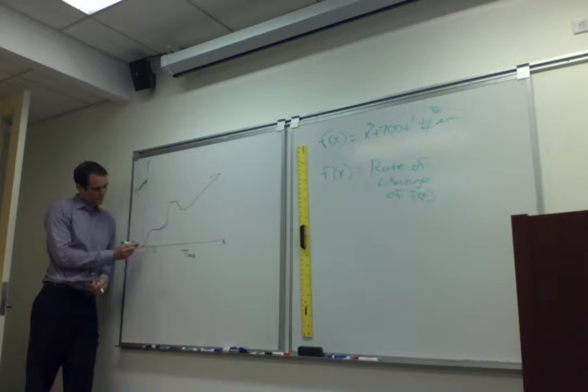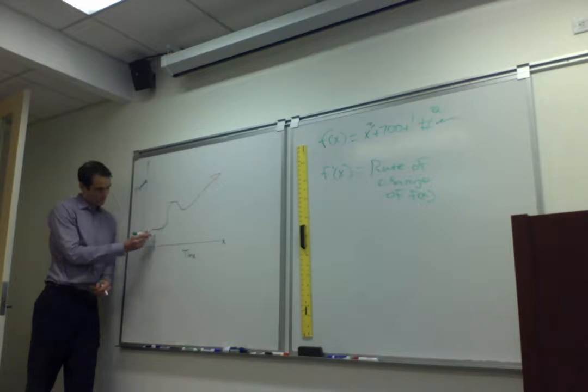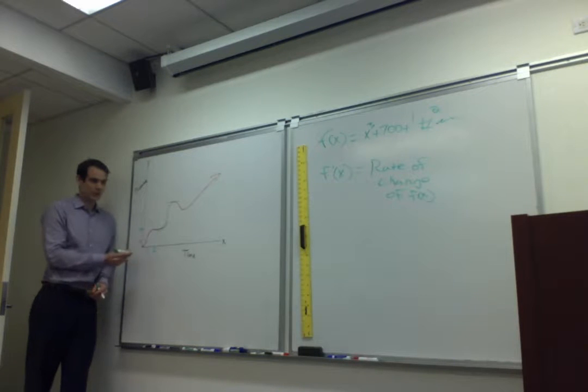At point 1, our distance is here, say this distance is like 5. At point 2, our distance is here, right? Let's say that's like 13. So from point 1 to point 2, we go from 5 to 13.